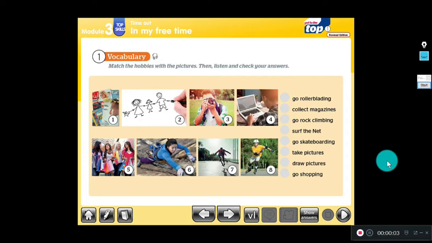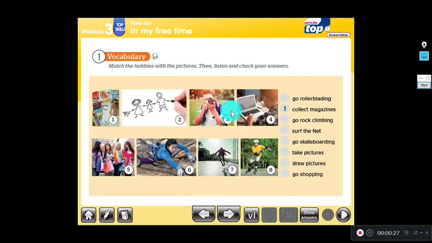Okay, now here we have the vocabulary related with free time activities. Okay, let's try to make this exercise. In number 1, we have magazines. So the answer is gonna be collect magazines. In number 2, this is a picture about family.